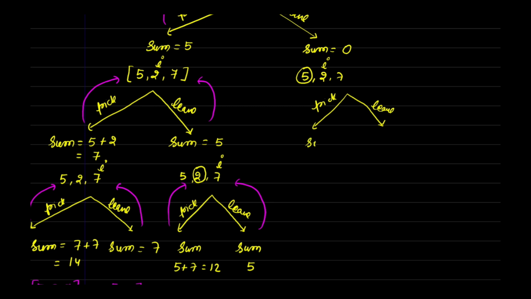If I pick the index, then the sum will be 2. If I leave the index, then the sum will be 0, nothing is added.